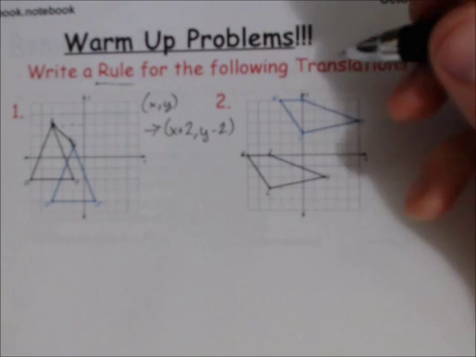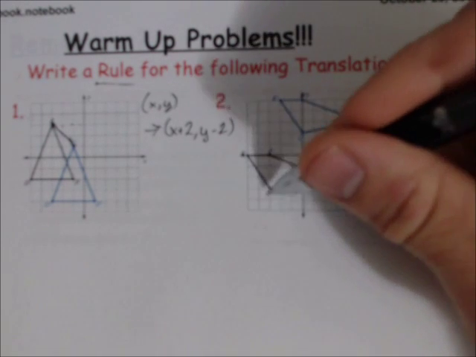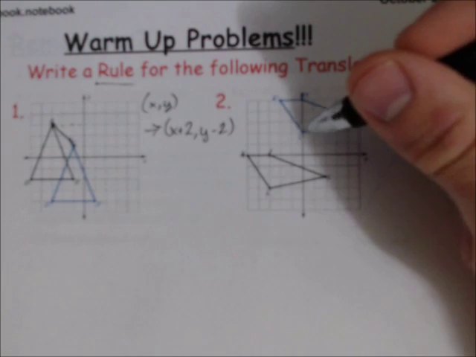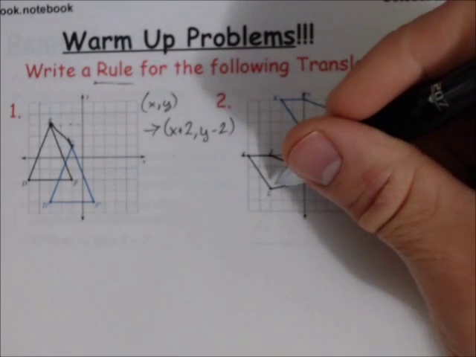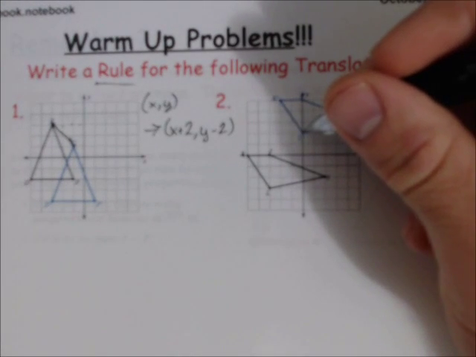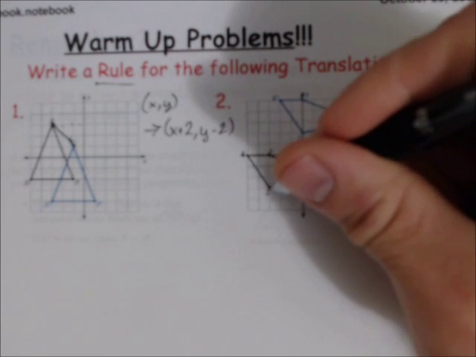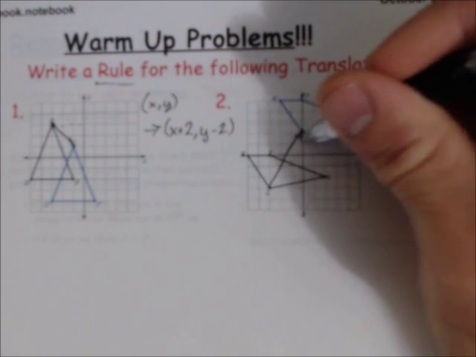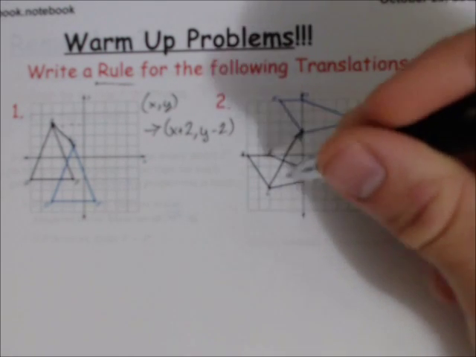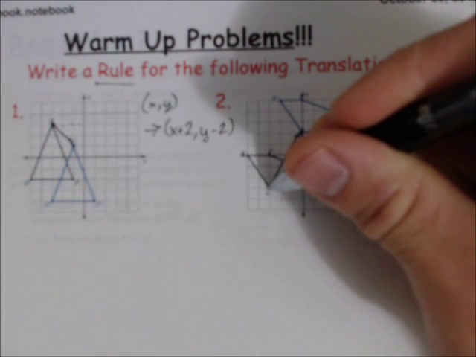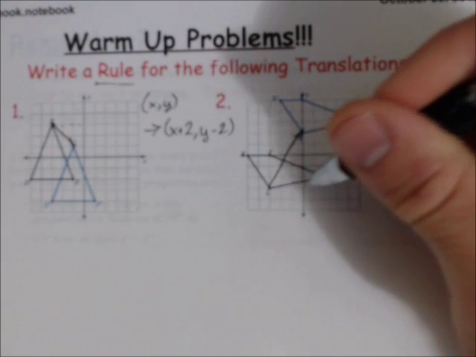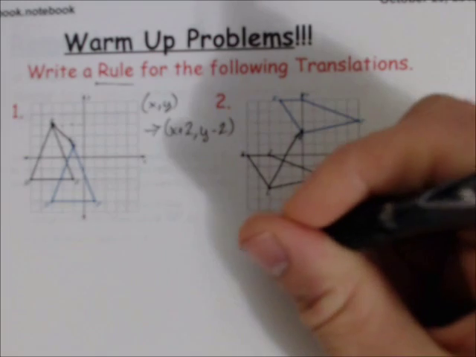Now for number 2, we do the same thing. We take a look at two similar points, so perhaps L and L prime. L is the original figure, L prime is the image. We figure out what's happening to bring L to L prime. Same thing here. We take a look at what's happening with x. We're going to the right 3 units.